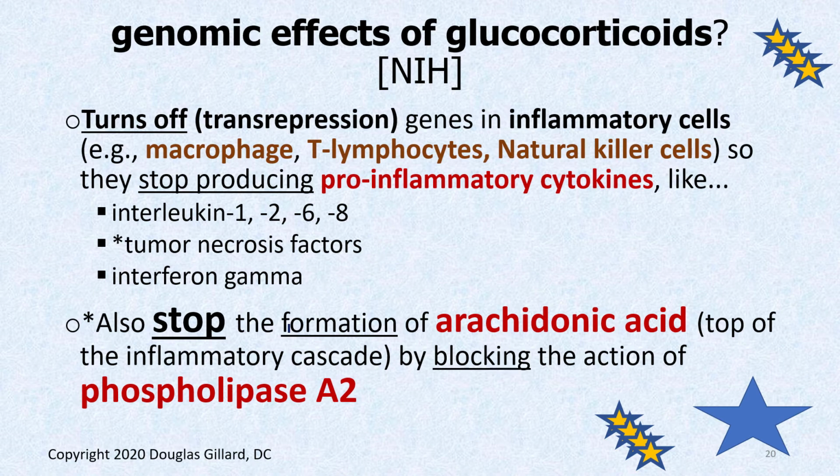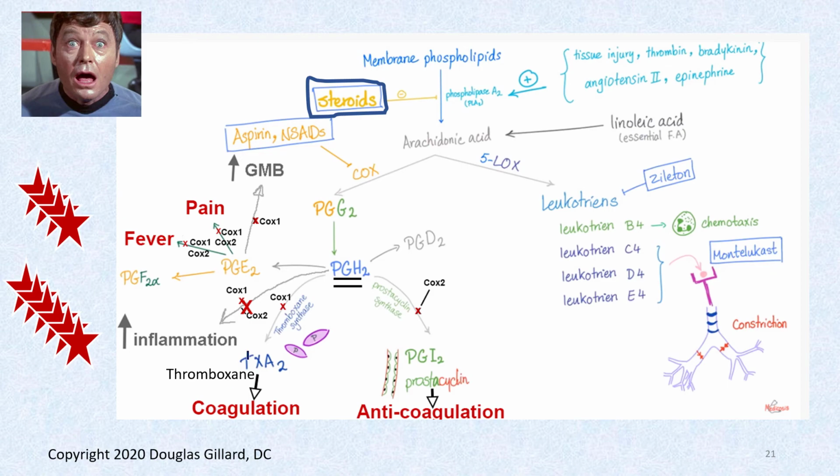Now glucocorticoids like prednisone also bind to phospholipase A2 and inhibit it from making arachidonic acid. So remember this mechanism: tissue injury, phospholipids are released, and they're converted by phospholipase A2 into arachidonic acid.